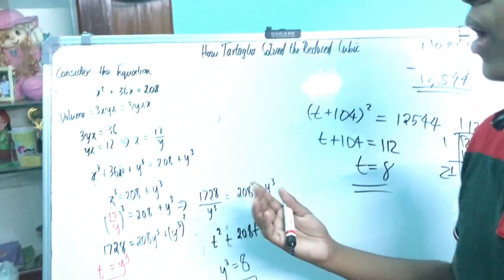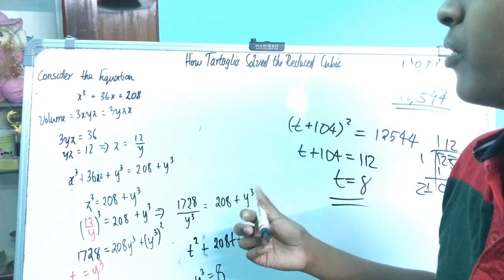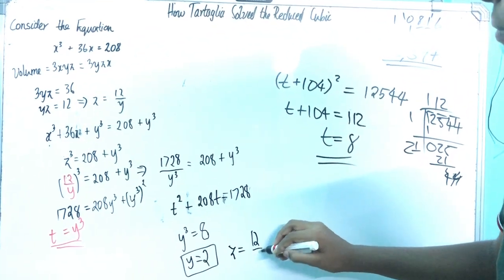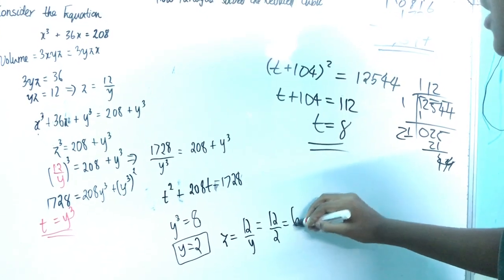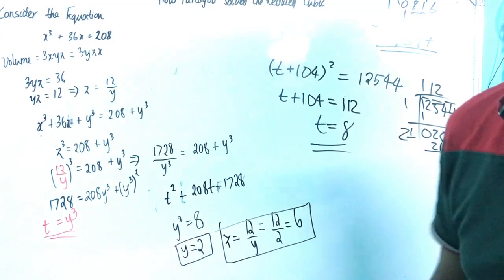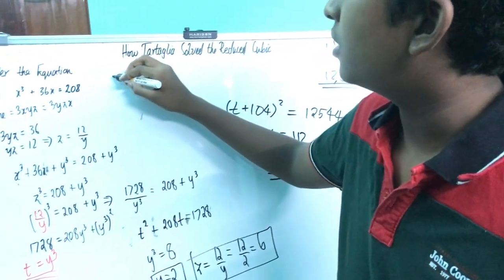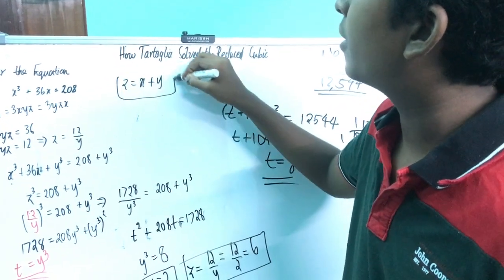So we've solved for y, but we do not know yet what x is, but it's quite simple from here. Z is 12 by y, so it's 12 by 2 and is 6. And x, we defined this earlier, that z equals x plus y.